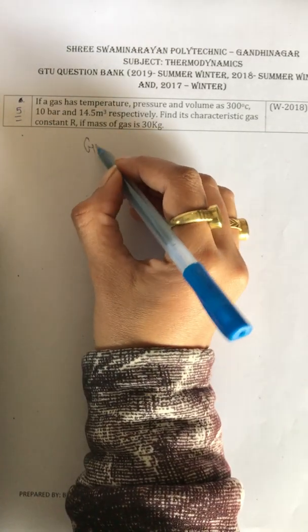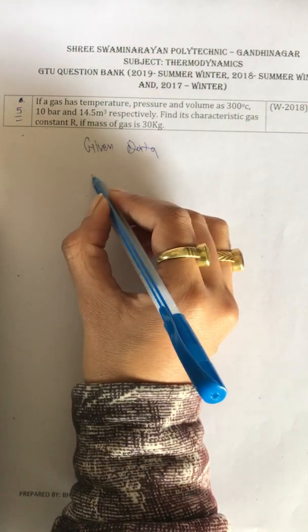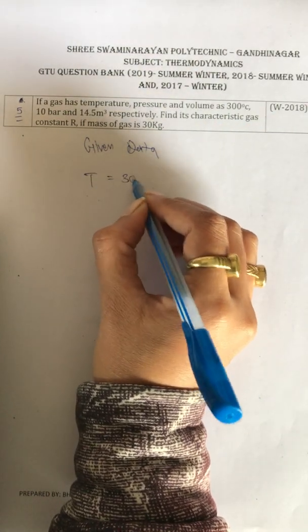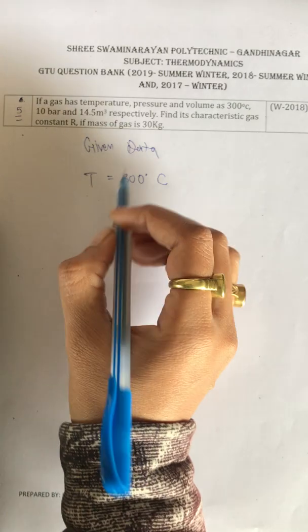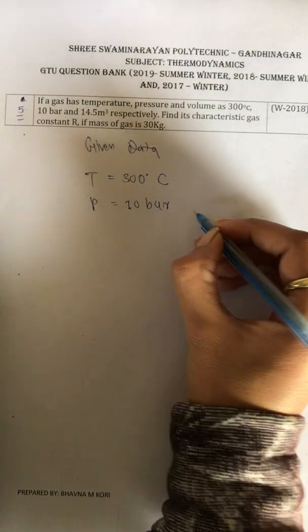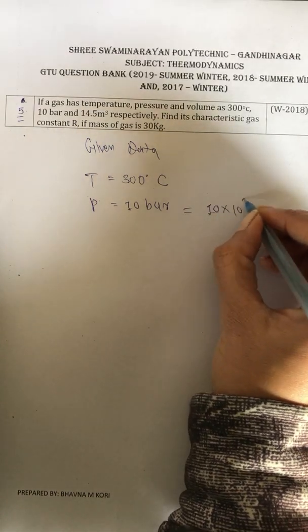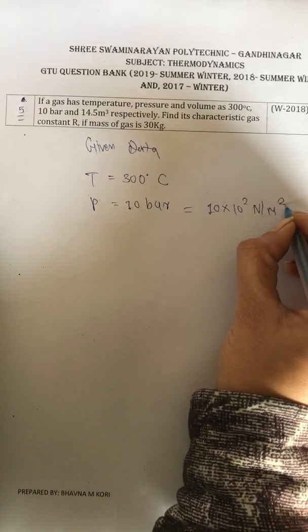So first of all, write down the given data. Temperature is given 300 degrees Celsius, then pressure is given 10 bar. Convert this into Newton per meter square, 10 into 10 raised to 2 Newton per meter square.